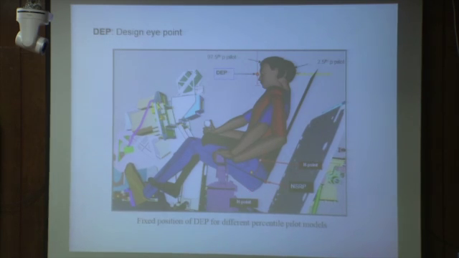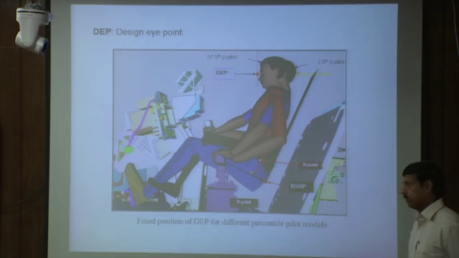So the SRP is moving from this point; this seat is moving up and down to position different percentile pilots, and accordingly we can identify the location of the H point and the location of the seat reference point.